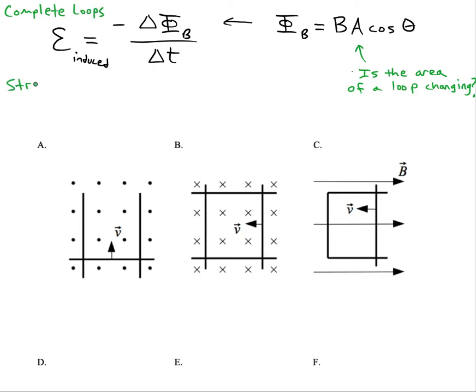But when we have just straight wires, we can use the formula epsilon equals B times L times V.